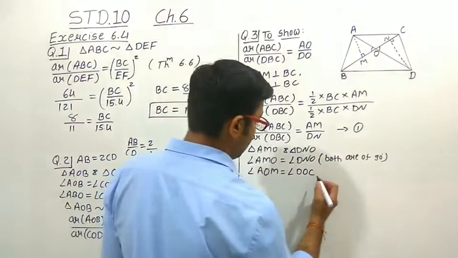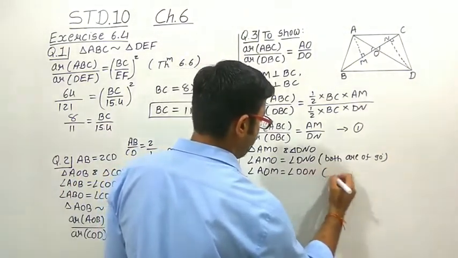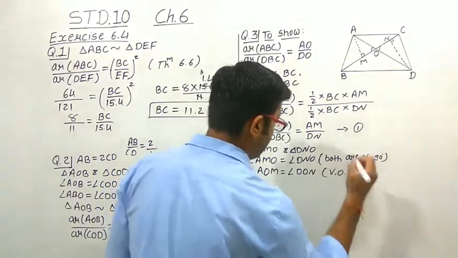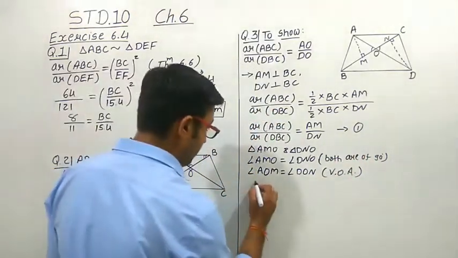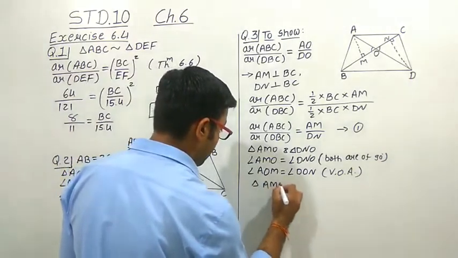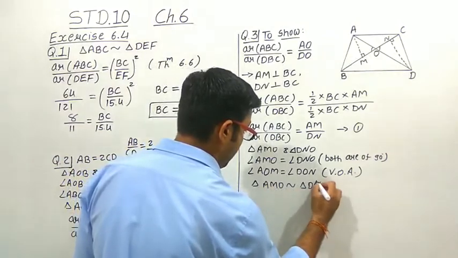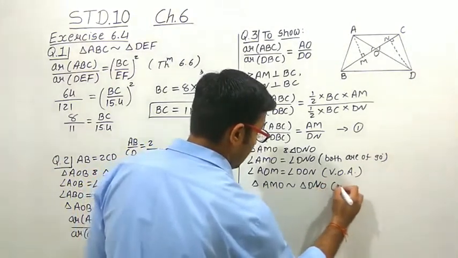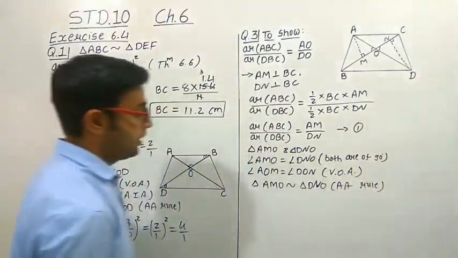These two angles are equal because they are vertically opposite angles. Now, if two angles are equal, then we can write that triangle AMO is similar to triangle DNO. By which criteria? Angle-angle criteria.